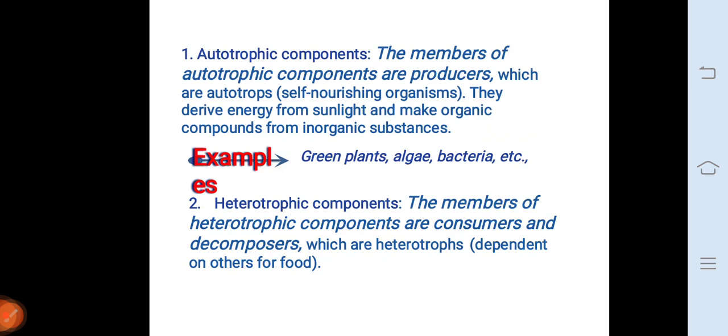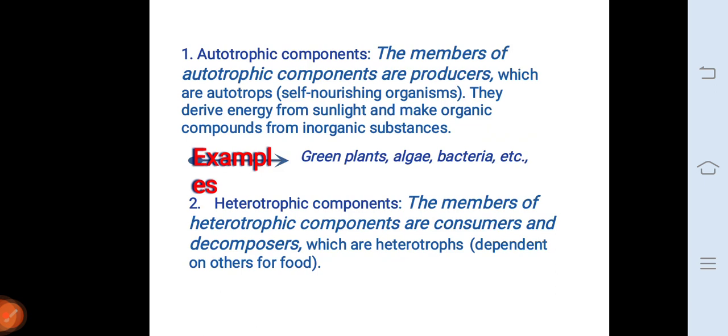The reaction is 6 CO2 plus 12 H2O, in the presence of sunlight and chlorophyll, forms glucose, C6H12O6, that means carbohydrates, which liberates oxygen and water molecules. This process is called the photosynthesis process. During this process, plants produce food energy and consume food energy.